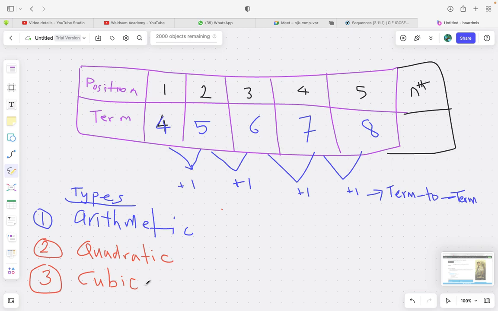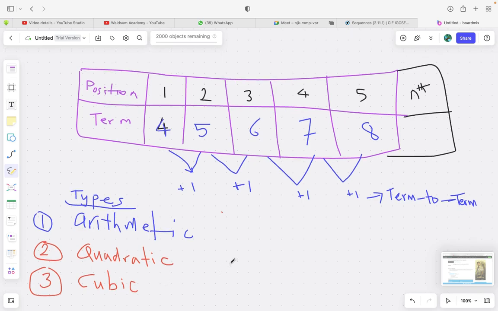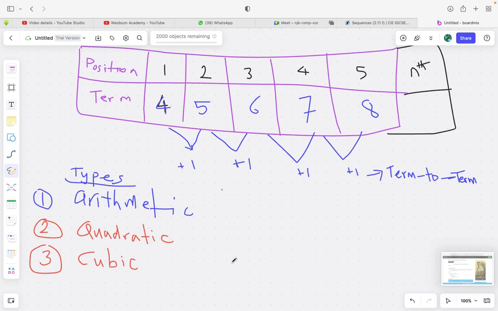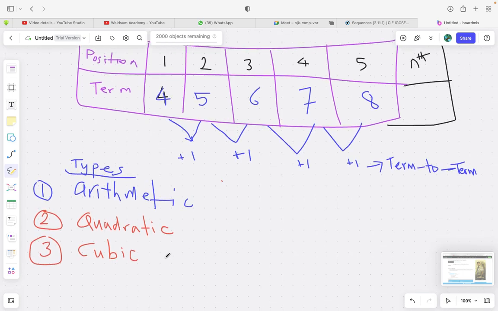It's only at the third level that you have a common difference. That type of sequence is called a cubic sequence. We're going to do each and every one of these in order for us to understand completely.